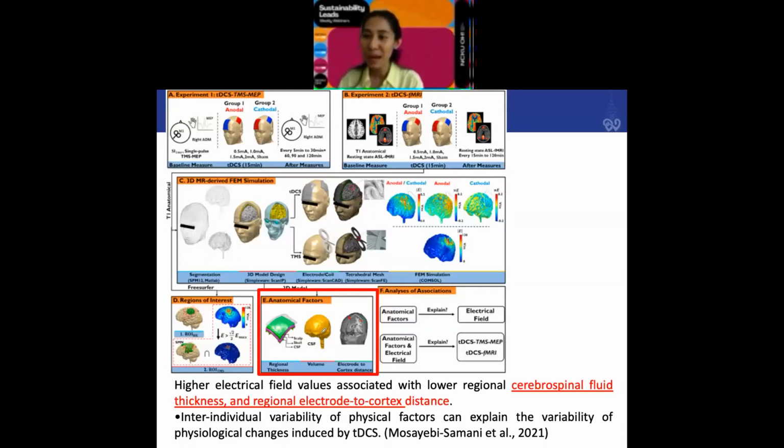So from this study, they tell us that for people who have more CSF thickness, or more distance between electrode and cortex, you probably have less effect of tDCS compared to those who do not. All right, so this is very interesting and just published.